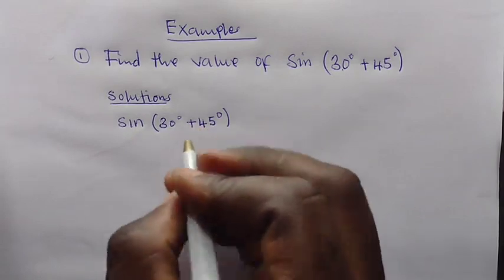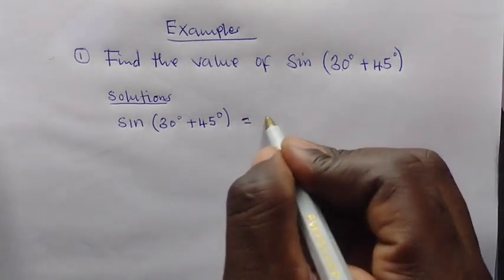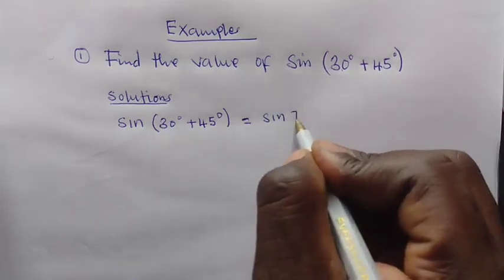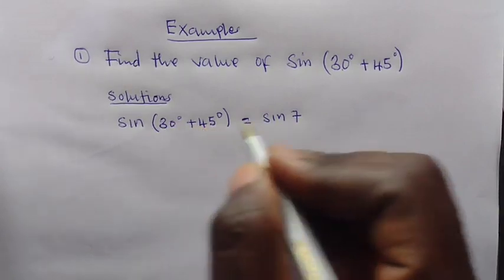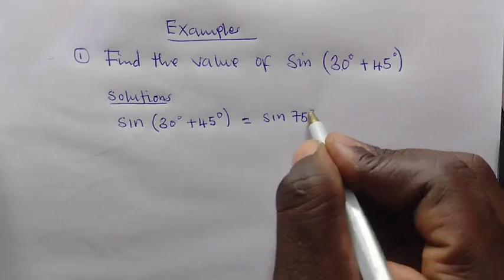We can add these two angles. 0 plus 5 is 5, 3 plus 4 is 7. So this will be 75 degrees.